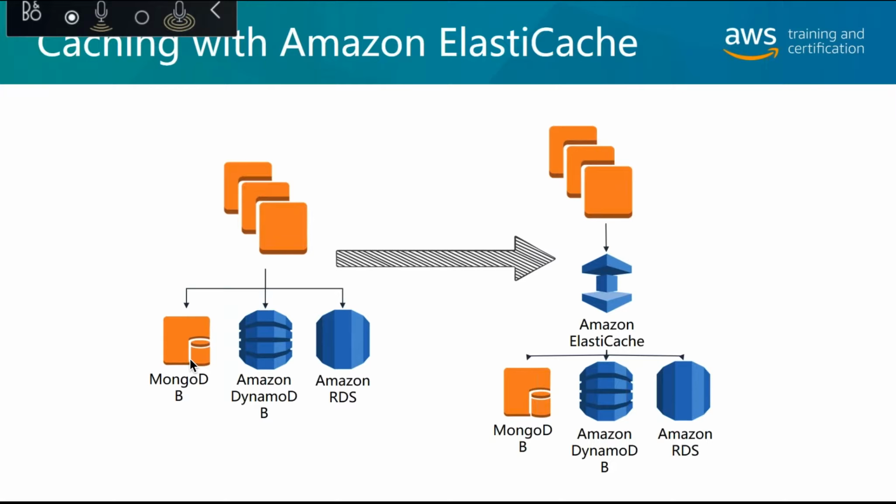What they're going to do is go to the back end, like DynamoDB, a relational database, or your own MongoDB that is running on an EC2 instance. I retrieve the data or the key value pair, and basically I can store it in cache. And then the next time I retrieve it, it's in cache, and I don't have to put stress on the back end databases.